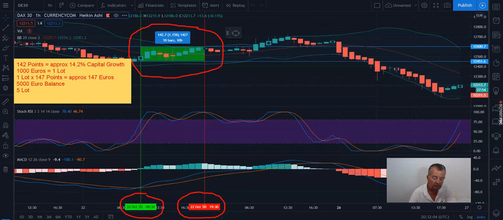So therefore 5 lots times 142 works out at about 710 euros. If you had 10 lots, of course, you'd make about 1,420 euros.